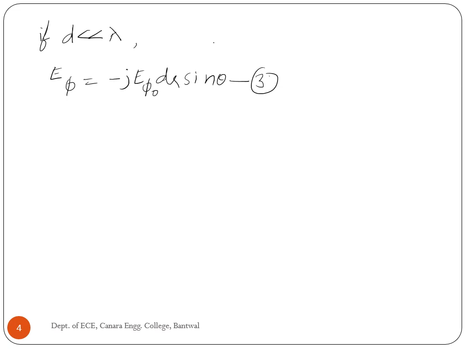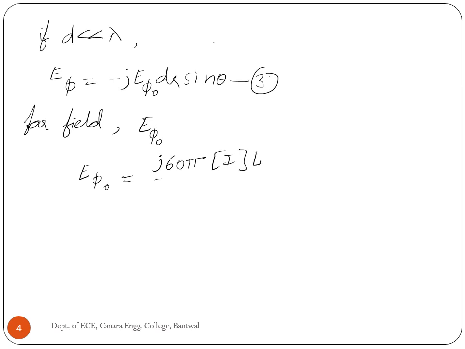Thus, we have the far field E phi naught of the individual dipole is j 60 pi I L divided by r lambda, where I is the retarded current on the dipole and r is the distance from the dipole.